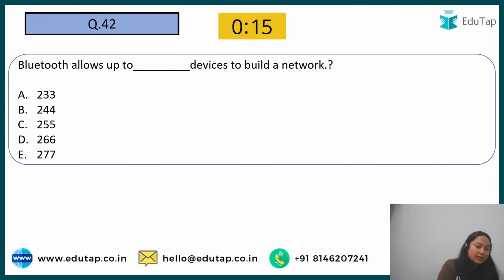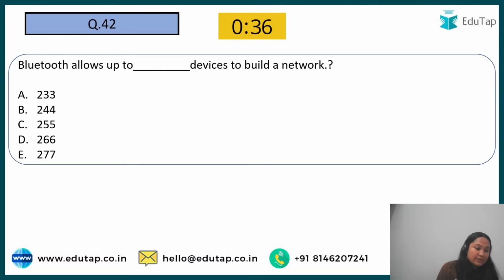Now next question, Bluetooth allows up to dash devices to build a network. Basically whenever we connect the computers, or whenever we connect the devices, we take the help of Bluetooth also. So here from a single Bluetooth network, or connecting the Bluetooth devices together, how many Bluetooth devices can form a network? What can be the probable number?